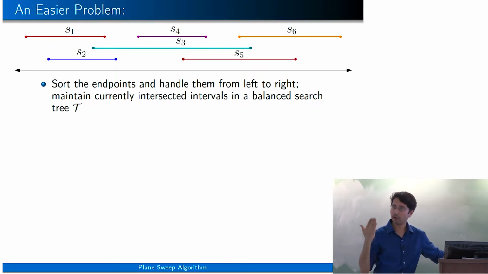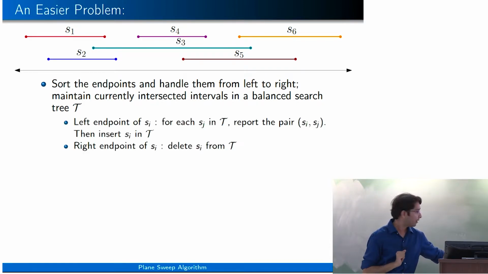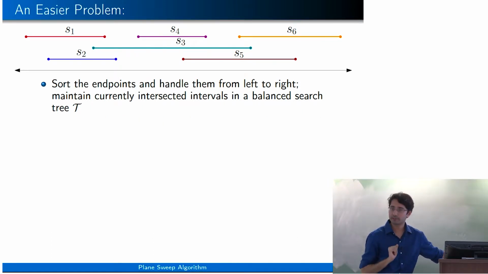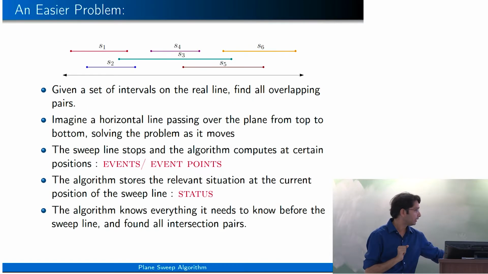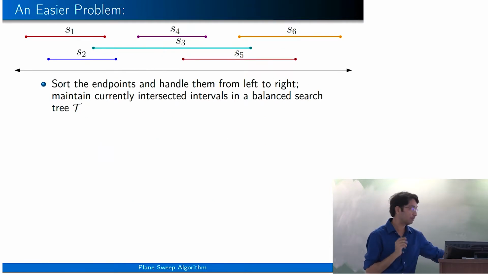I have to sort all the event points from left to right, and then accordingly I can stop at different endpoints. What about the status? So, I need the event points and I need the status. Status means the set of active line segments. How to maintain them? Array?